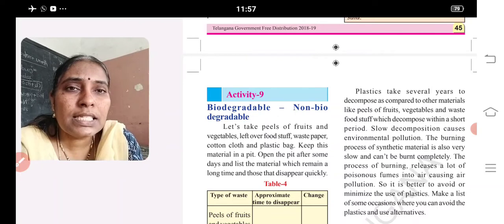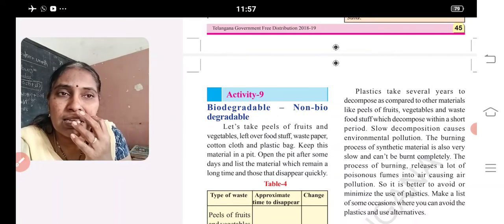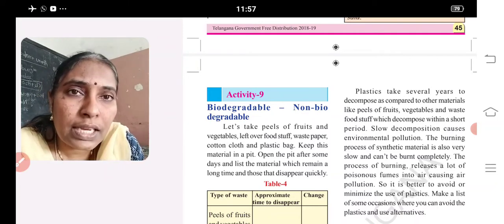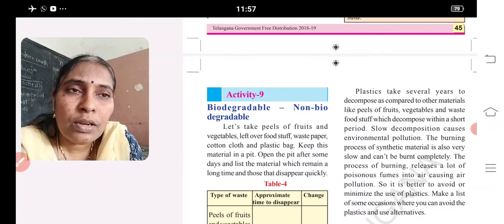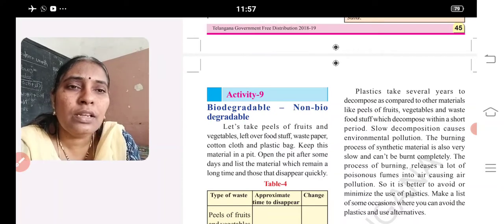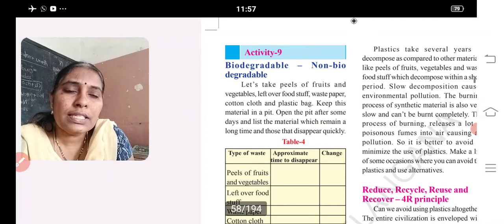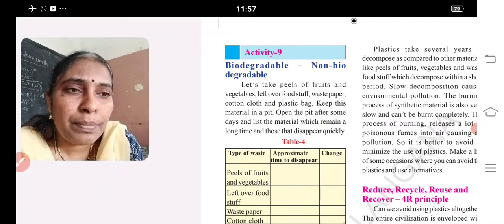Degradable materials and non-degradable materials. The material which can be decomposed easily by natural process into soil is said to be a biodegradable material, and a non-biodegradable material cannot be decomposed by natural process into the soil. Peels of flowers, fruits, rotten food, all these are biodegradable materials.